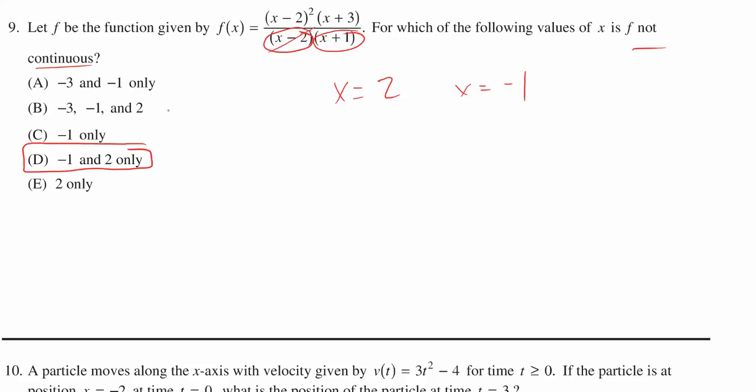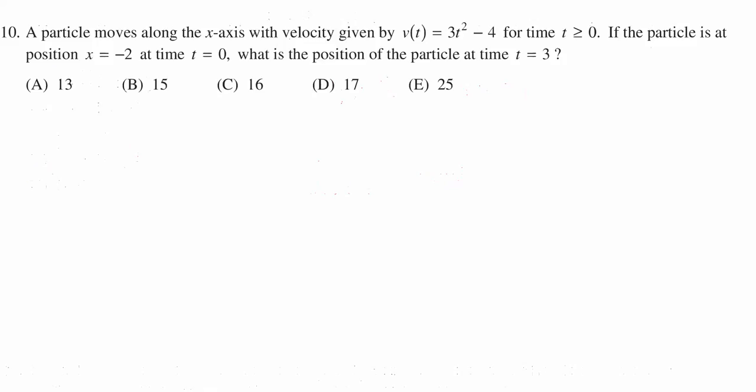So really that's our only option. We could go a little further in the discussion: we've got a cubic on the top and a quadratic on the bottom, so our horizontal asymptote, I'd like to keep having that conversation, does not exist because the degree is higher in the numerator.